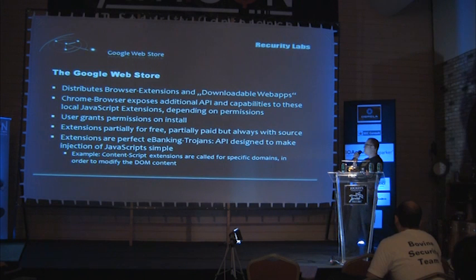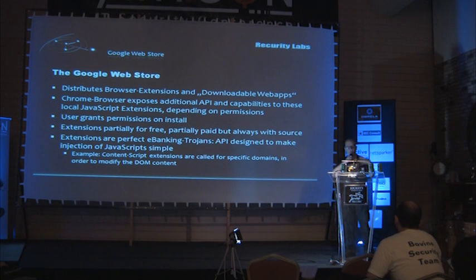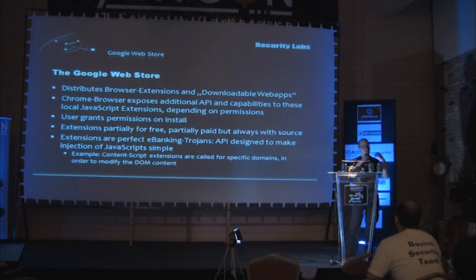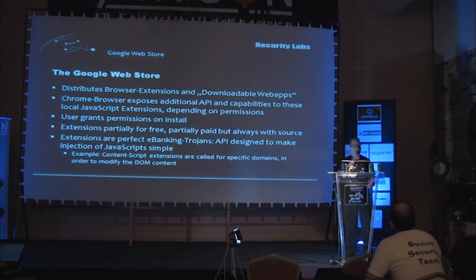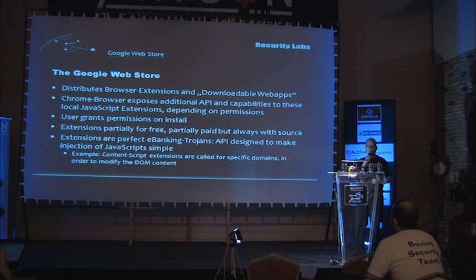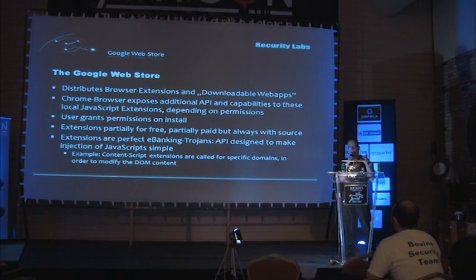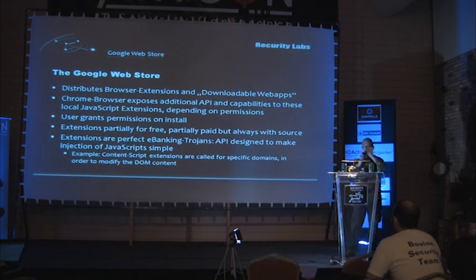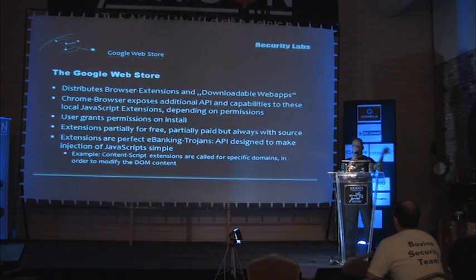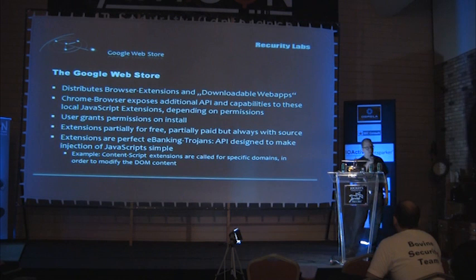the API itself, like what a Chrome extension can do, looks like it was built for Russian banking Trojans. Because one thing you can do is a so-called content script, where you say, for the following domains, I would like to get control after you rendered the entire DOM, and I would like to change some things in the DOM.